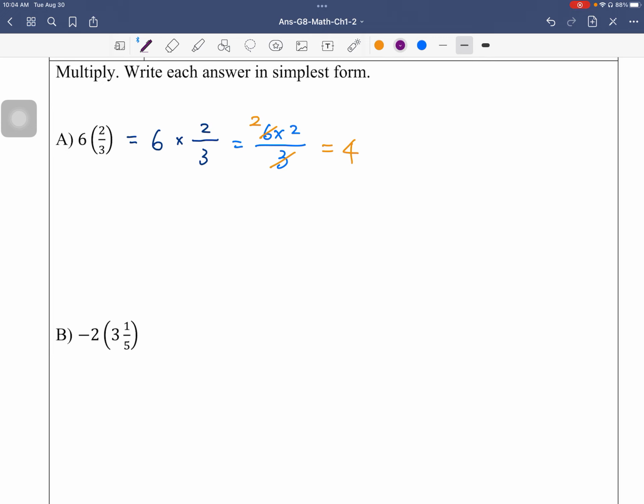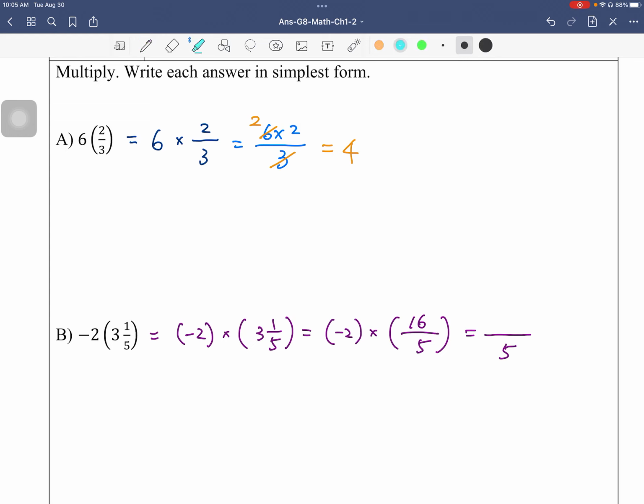For question B, negative 2 times 3 and 5 over 1: 5 times 3 is 15, plus 1 is 16, so 2 times 16 over 5 is negative 32 over 5.